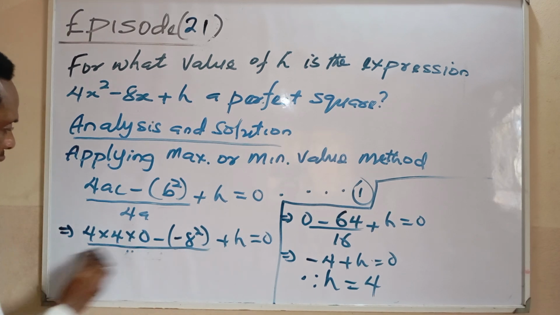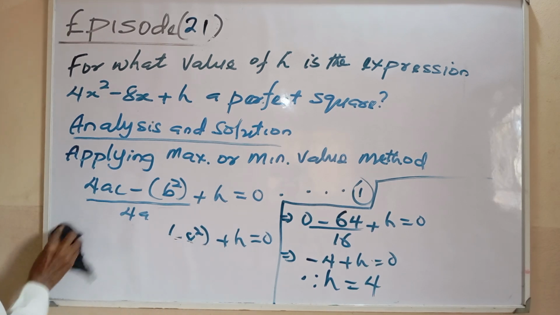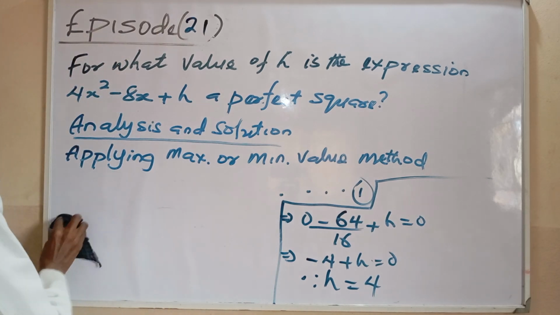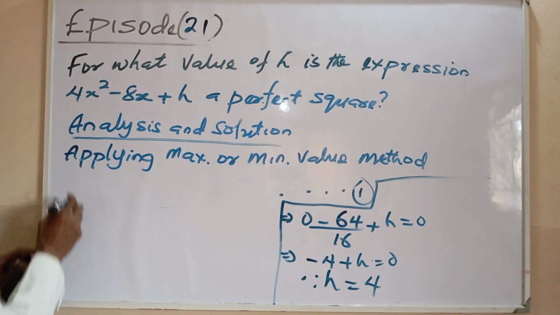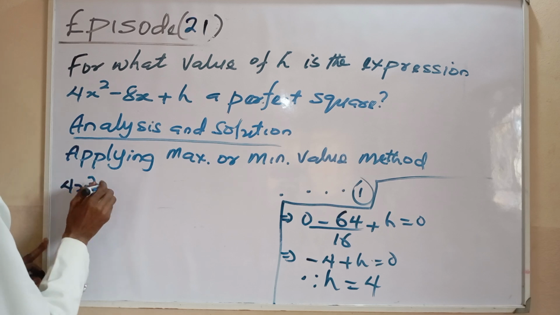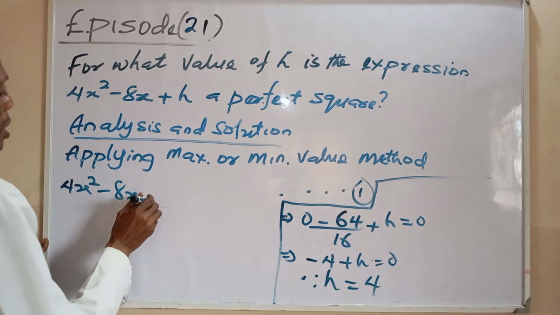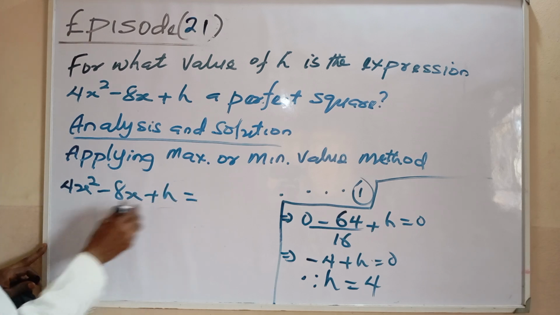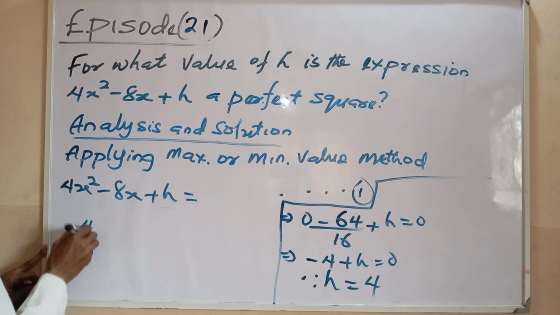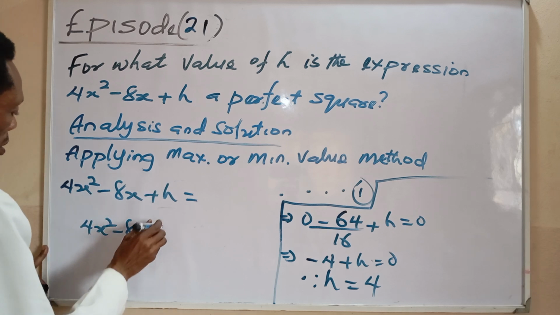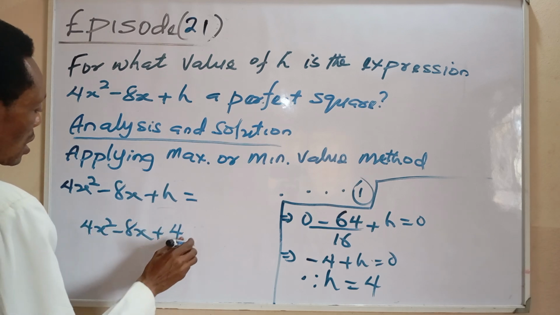So that is it. Then your final answer will be in this form: 4x squared minus 8x plus h equals 4x squared minus 8x plus 4. And that is the answer.